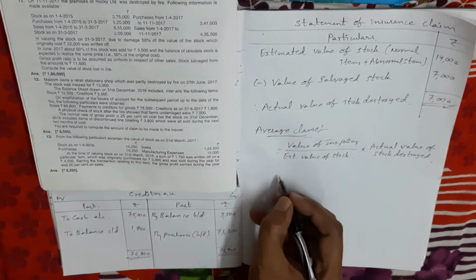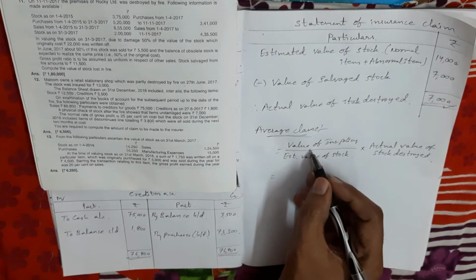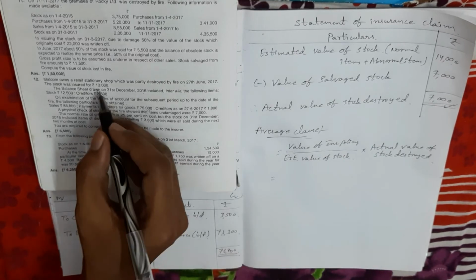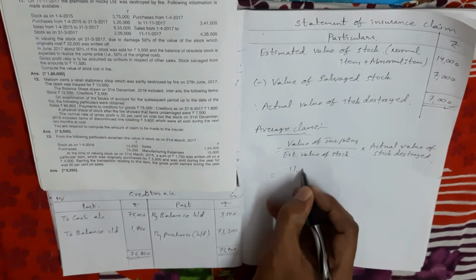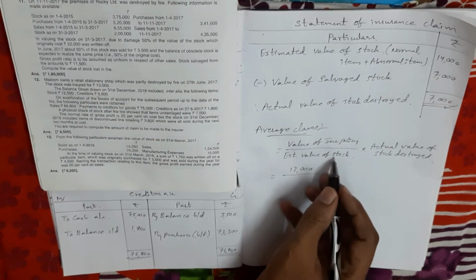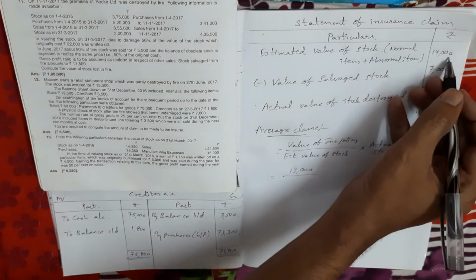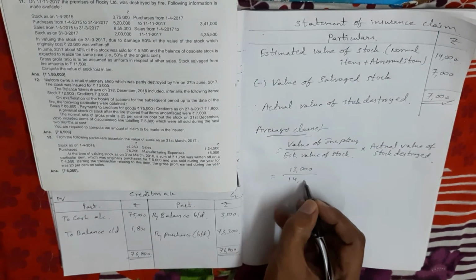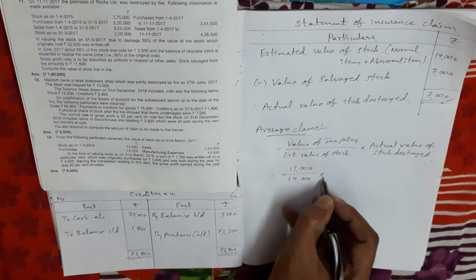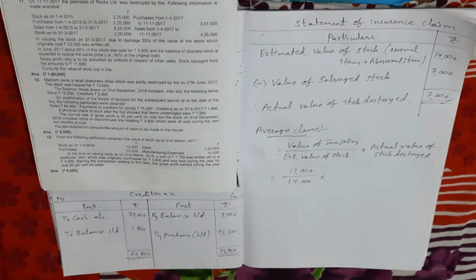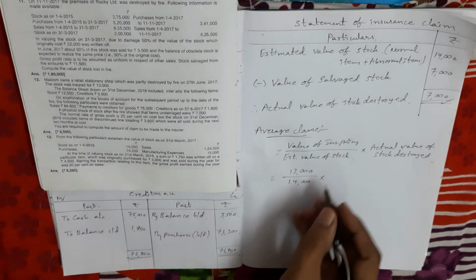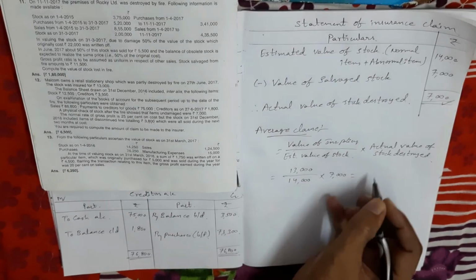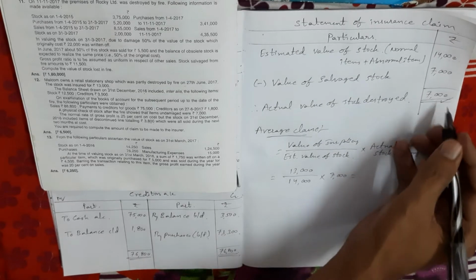See here, value of insurance policy, the question given 13,000 rupees, divided by estimated value of stock we calculated including normal and abnormal items, 14,000 rupees. So 13,000 divided by 14,000, into 7,000 rupees. Actual value of stock destroyed is 7,000.